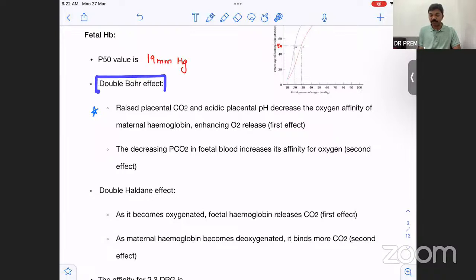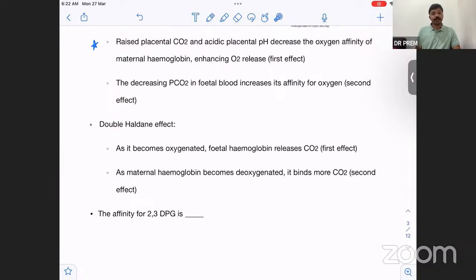Another essential point you have to be familiar with when it comes to fetal hemoglobin and the oxyhemoglobin dissociation curve: the second one, double Haldane effect. Double Haldane effect is again something where we see the effect of partial pressures of gases on the influence of hemoglobin's affinity. What are you seeing here?